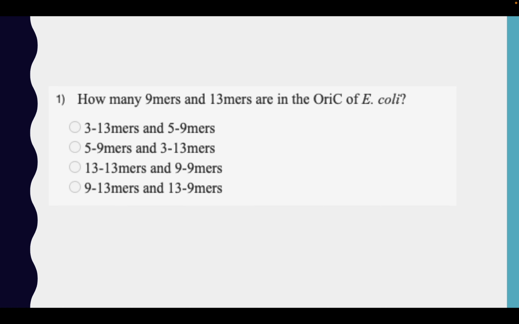Anyone? Any guesses? Have you heard about this E. coli origin of replication?